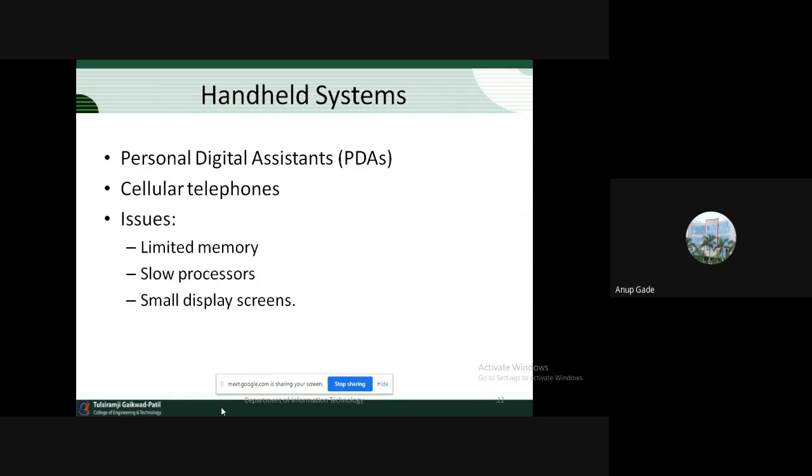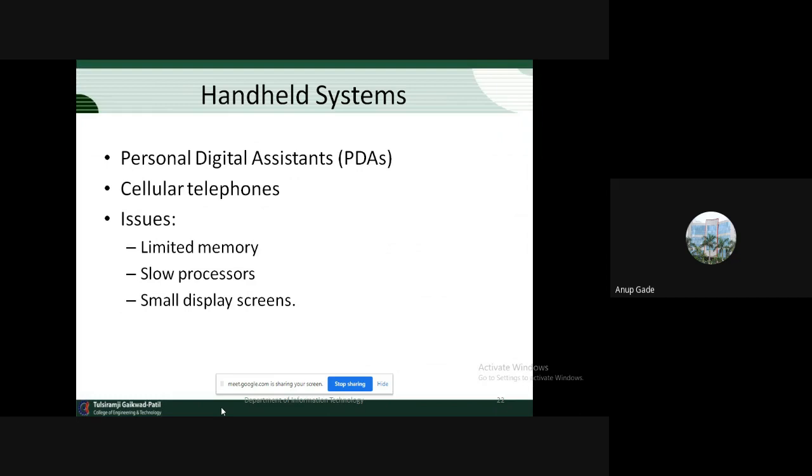Finally, at the end, we will have handheld systems. Personal digital assistants or even the modern cellular phones which we are using nowadays are basically handheld systems. The operating systems are basically designed for limited battery and limited memory.